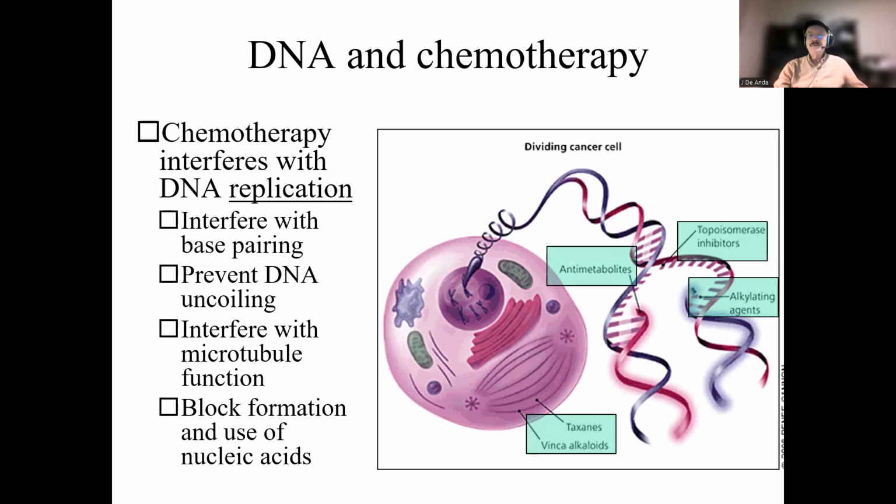Again, all of these chemicals, their objective is that if you can give them in the right amount, you will end up affecting only those cells that are actively replicating and killing them, but leaving the majority of normal cells healthy.